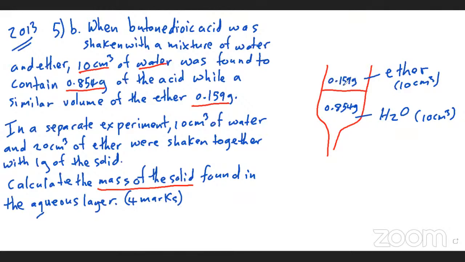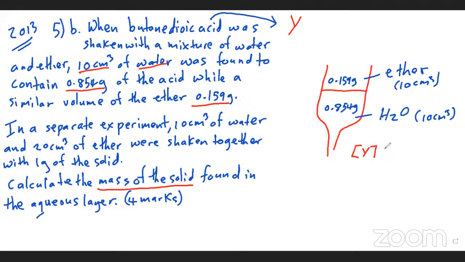So if you want the partition coefficient, you just work out the mass concentration. So I'm going to call the acid Y, to keep it simple.